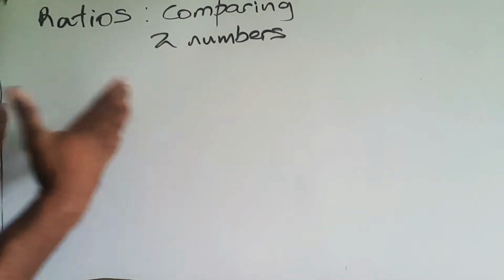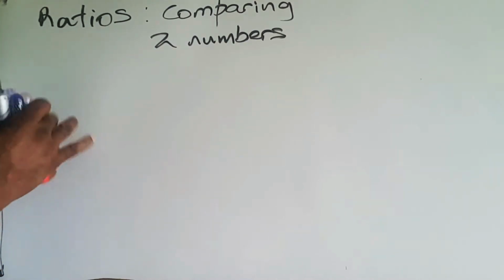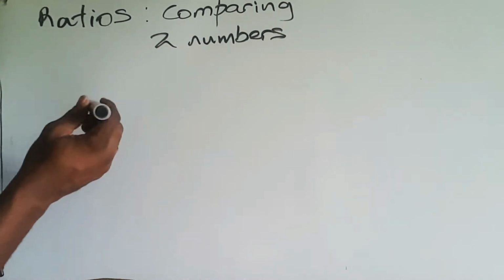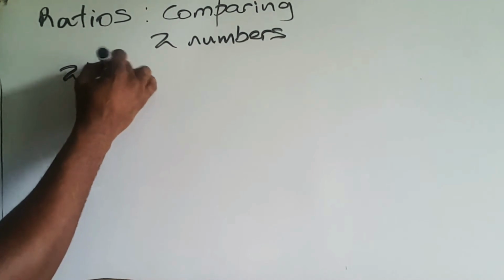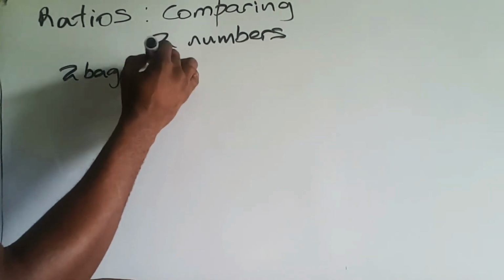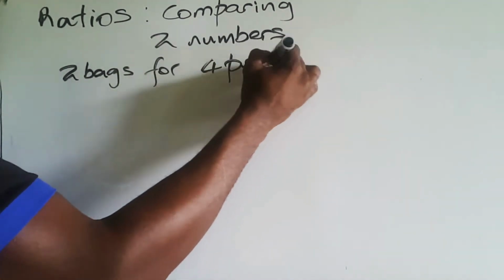Now, we're comparing two numbers. For example, we could be comparing any form of relationship that we want to put to it. We could say two bags for 4 persons.